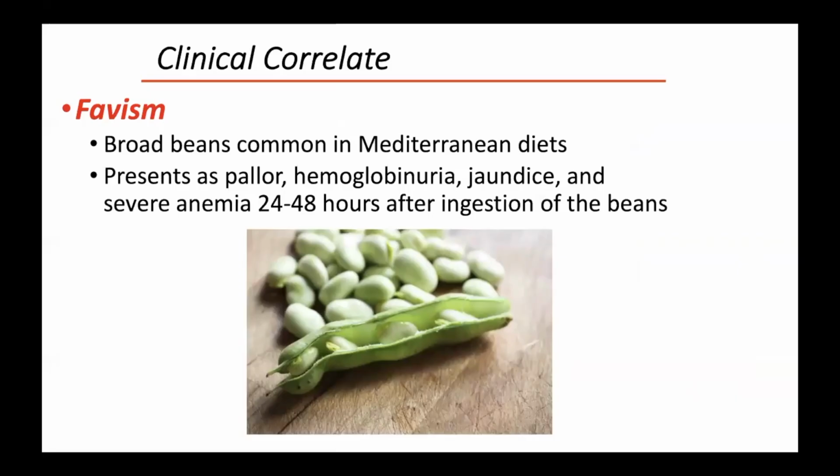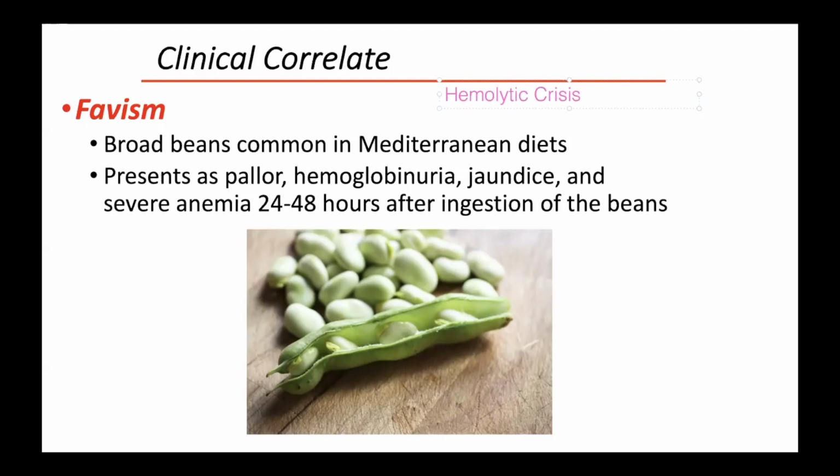Now, in the older editions of Harper's, it mentions favism. This is how fava beans look. These are the broad beans, which are usually part of the Mediterranean diet. There is a hemolytic crisis that occurs when someone with a deficiency of G6PD eats fava beans.